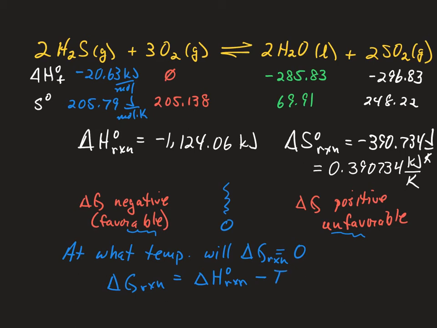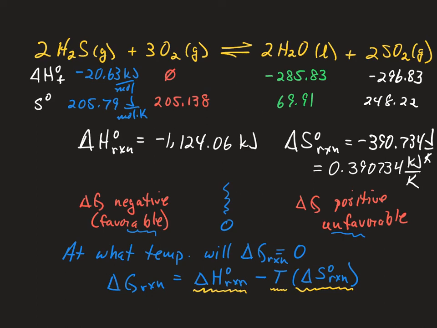That's what we're going to find. And the same thing is true of delta S0 for the reaction. It doesn't change much with temperature. So we can use these two numbers that we determined for 25 degrees as an estimate for other temperatures.